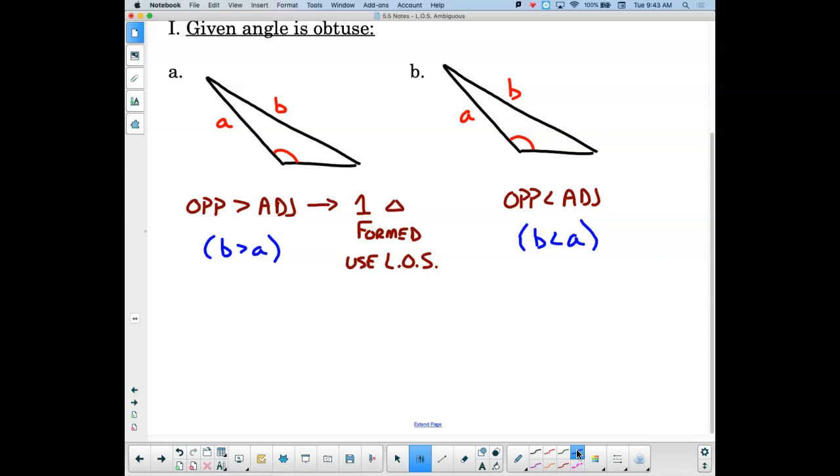So if my opposite side now is shorter, it is going to look like that. How many triangles do I get? None. So we get no triangle, and we can't solve. You're done.